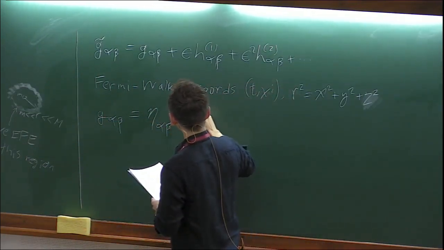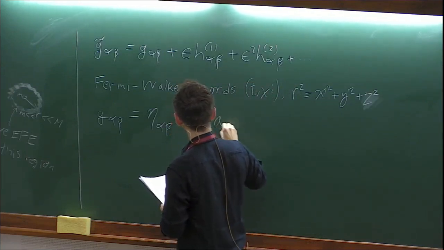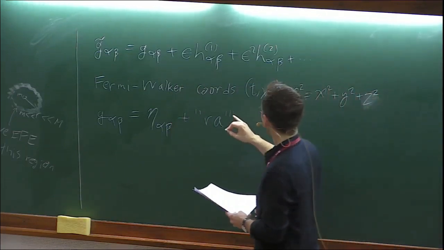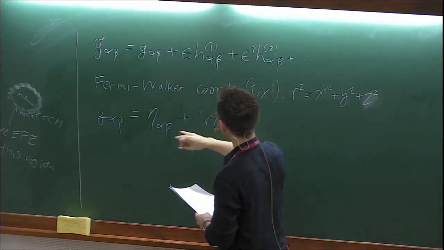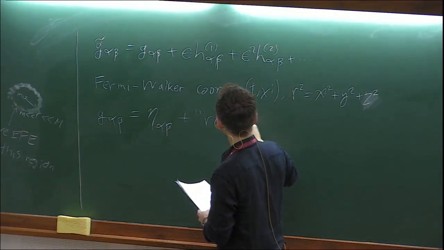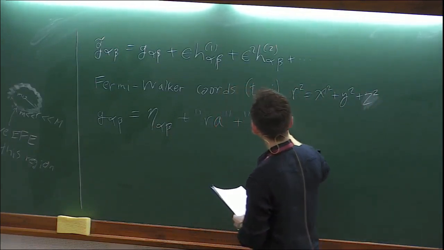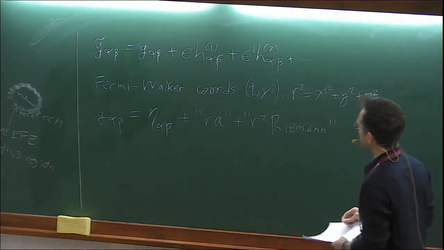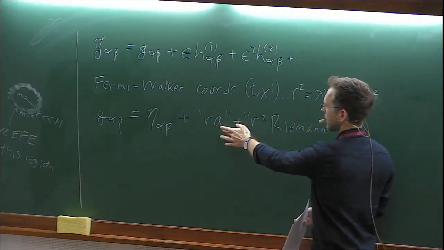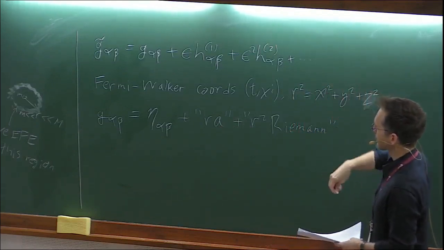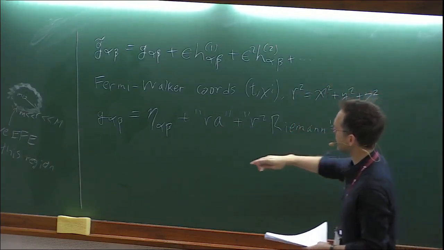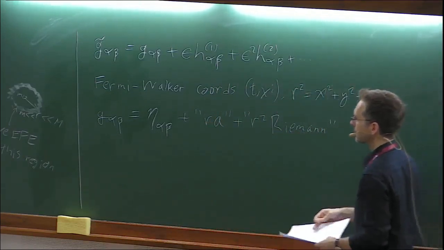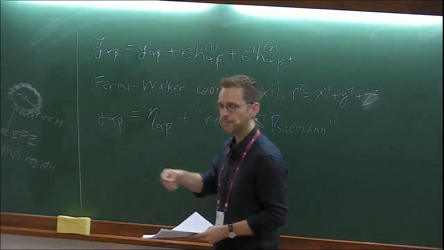And then you have corrections of the form r times the acceleration of the world line that this is centered on, plus r squared times Riemann curvature terms. So this acceleration is the acceleration of the world line as measured in the external background spacetime G, and the Riemann terms are the Riemann curvature of G.